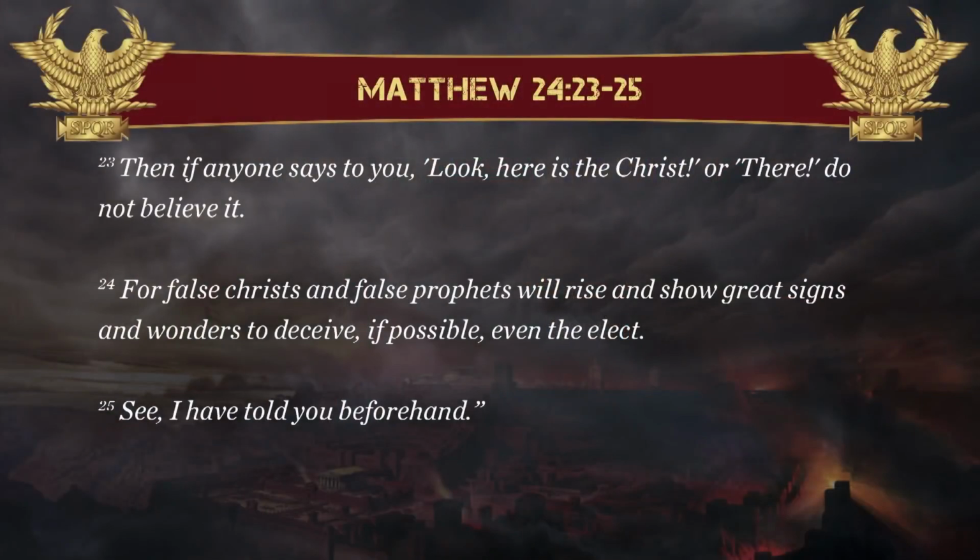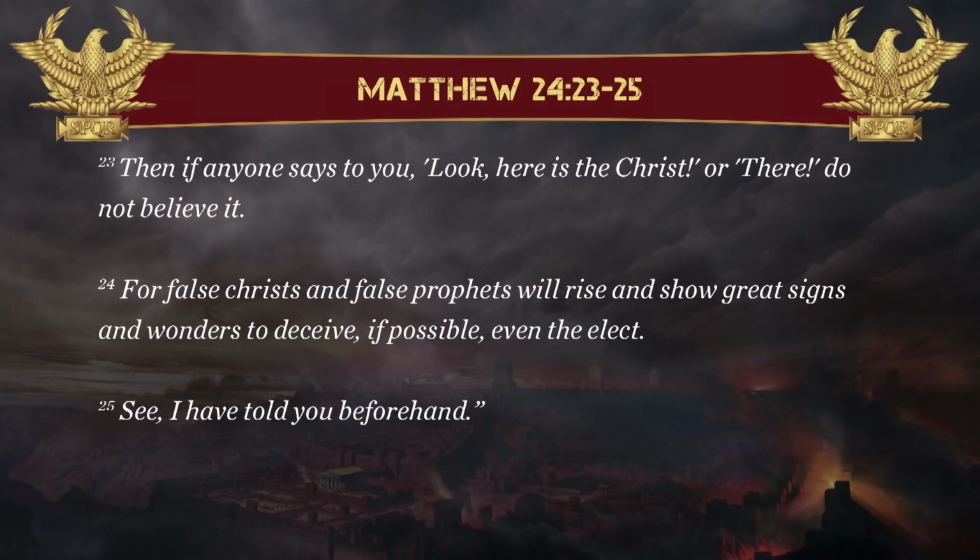Once again, Jesus is speaking to his disciples. We find in Matthew chapter 24 and verse 23, "Then if anyone says to you," that is, to the disciples, "Look, here is the Christ, or there, do not believe it.